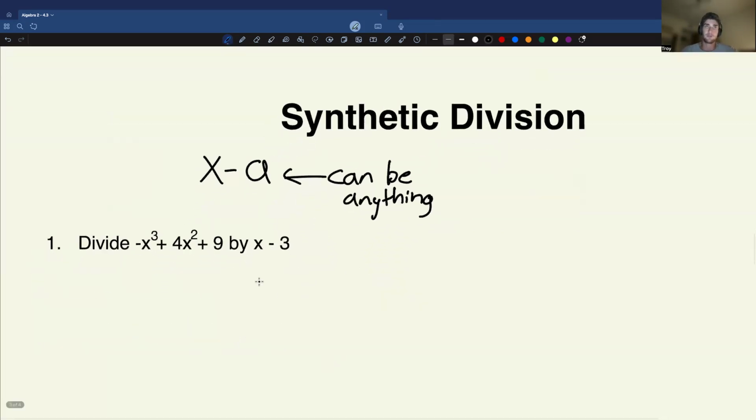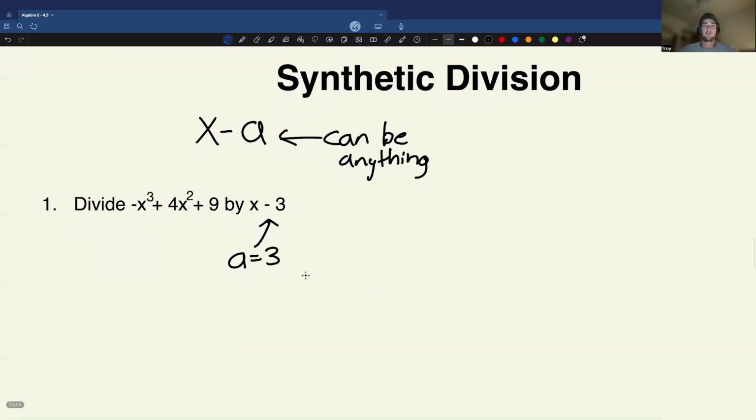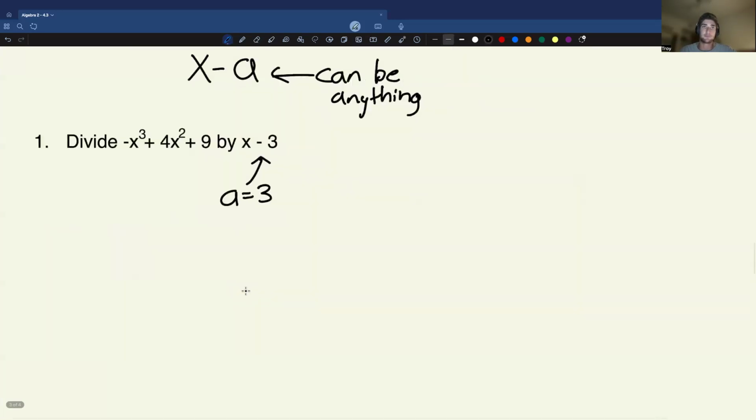So if this is x minus a, then we'd say a equals 3. It's not negative 3, it's 3 because it's x minus a. And the way that we want to set synthetic division up is like this. If you haven't done this before, it might look a little weird at first, but once you get used to it, it's pretty cool.